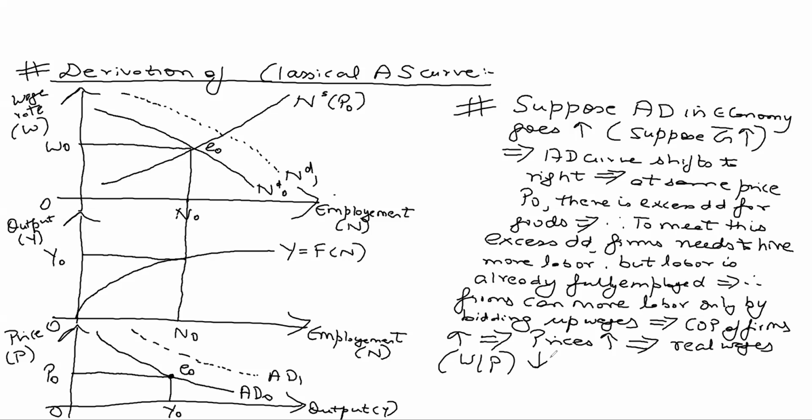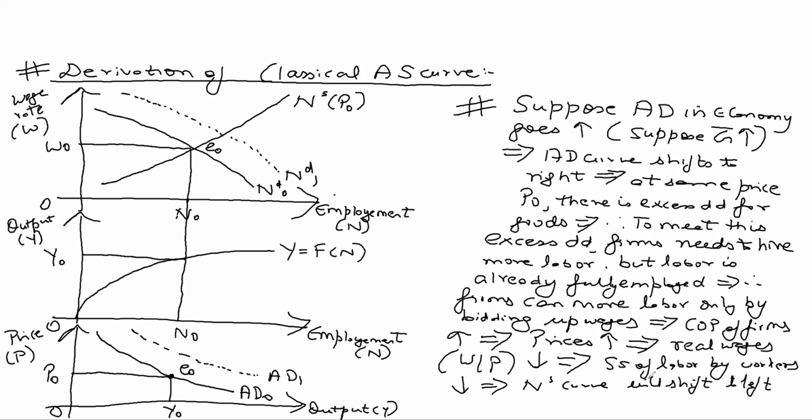Now real wage will start falling, which implies supply of labor by the workers will fall, which implies the supply curve will shift to the left, till the economy reaches back to the initial level E1.